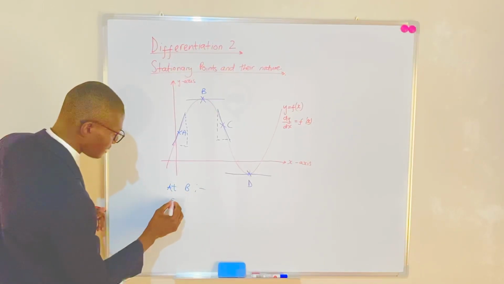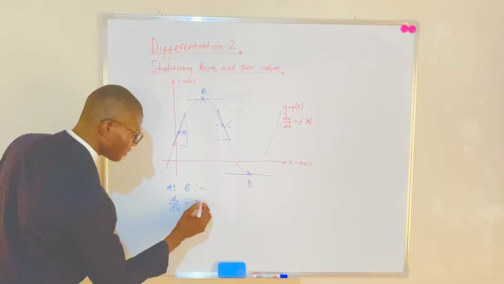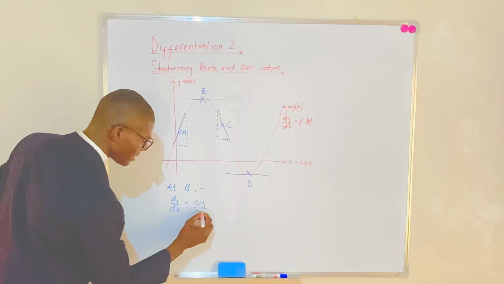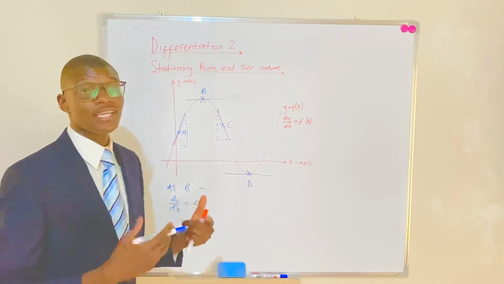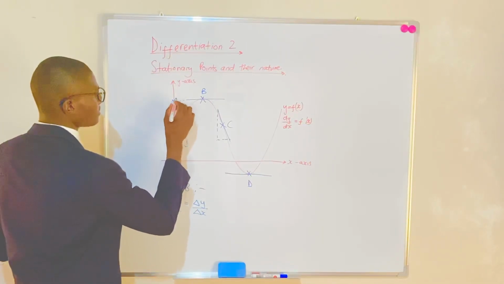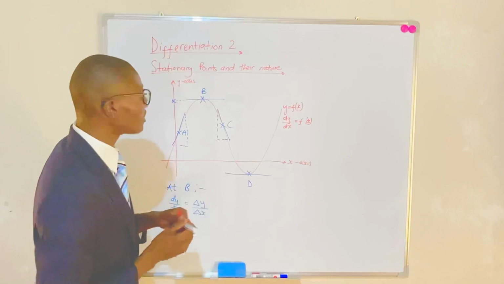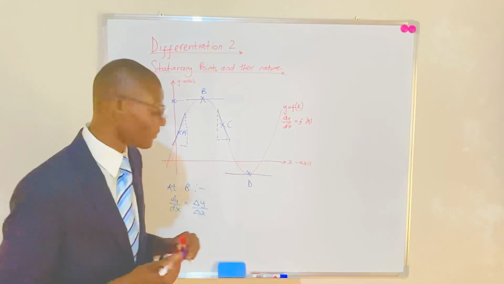So dy by dx, being the gradient, we know is given by the change in y over the change in x. Now at B, what is the change in y? There is no change in y, because the change in y is 0.